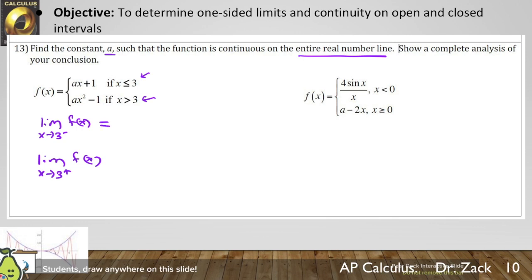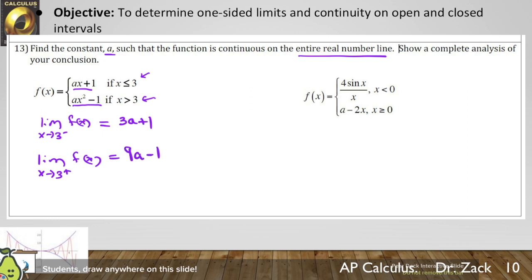When we're using the left-hand side, that's going to be ax plus 1. Substitute your 3 in, we get 3a plus 1. When we're on the right-hand side of the function, that's going to be ax squared minus 1. So that gives us 9a minus 1.